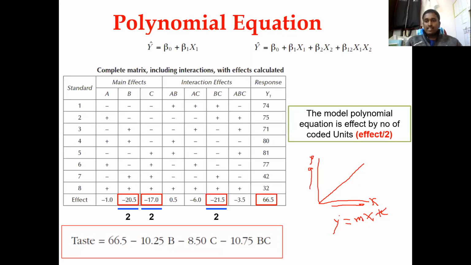So the response y depends upon the concentration x; as x increases, accordingly the response is going to change. Also the intercept, plus or minus intercept, comes in. So once again, the polynomial equation also depends like this.